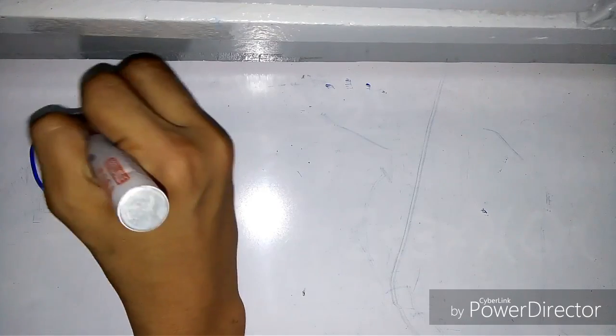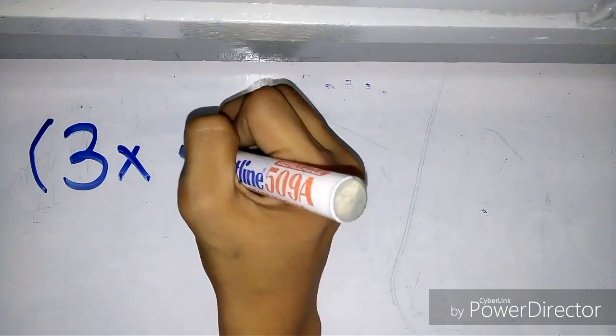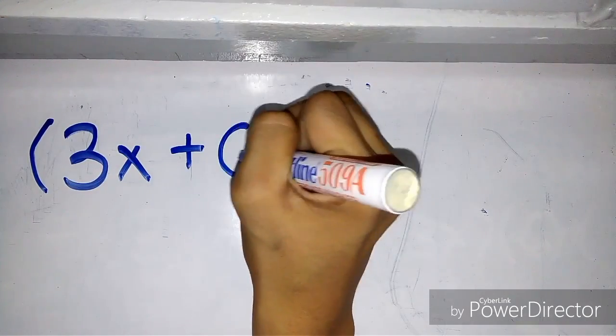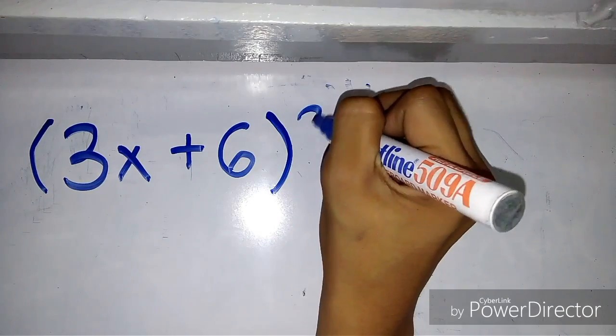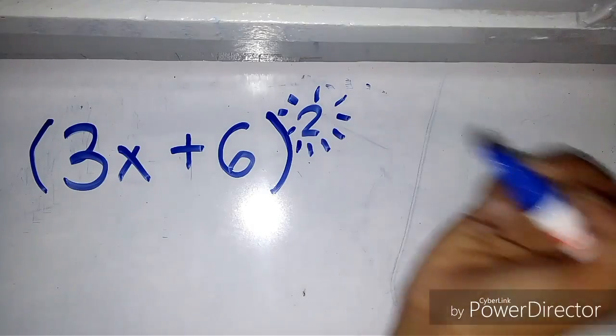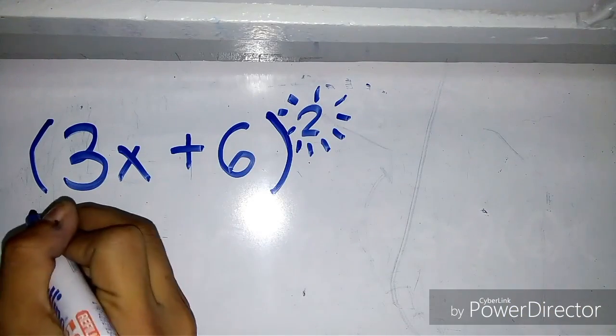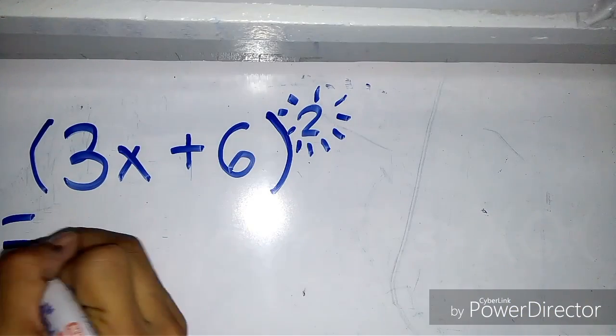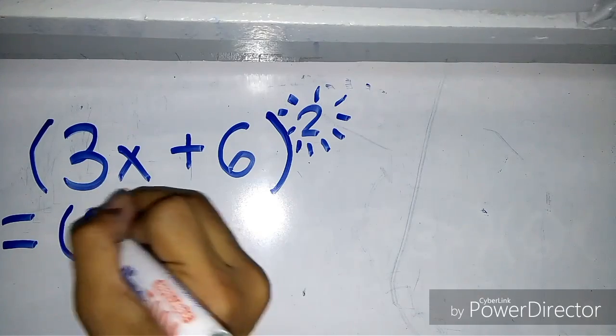Let's move on to a harder question. So the quantity of 3x plus 6 squared. Remember, we have to square the first term.